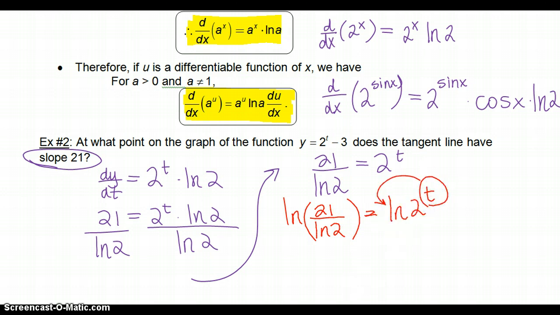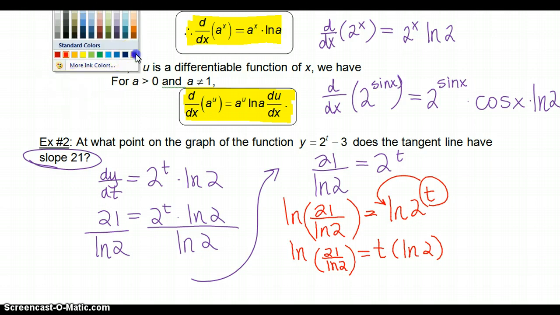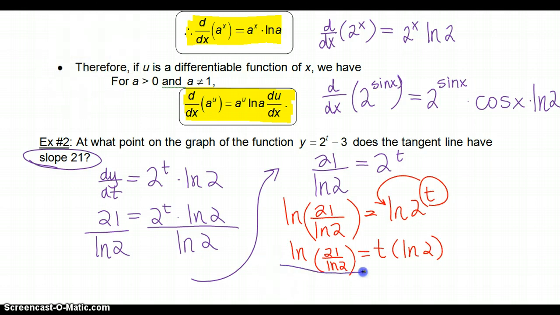That allows us to use the power property and move it to the front. So I have ln of this whole thing equals t times ln 2. Right, and then we're going to divide by ln 2.